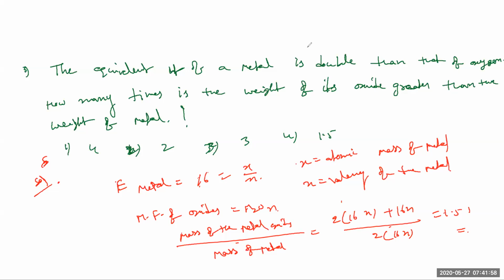Okay, got it, all of you? Next, one more method is there, that is Dulong and Petit's law. It is a method for determination of atomic mass. In rare cases it is asked.